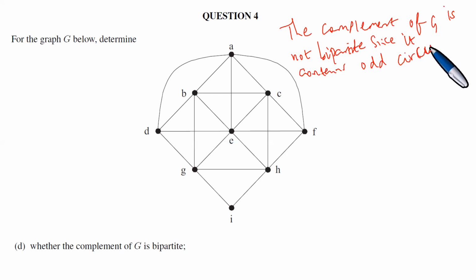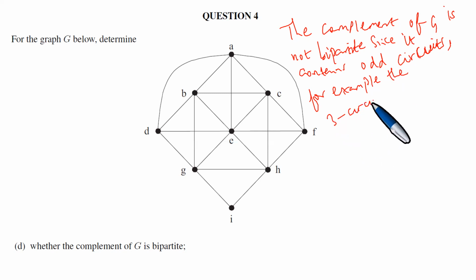We shall look at the odd circuits that are there in the complement of G. Let's look at an example of an odd circuit. For example, the 3 circuits. A 3 circuit starts from a vertex and ends at the same vertex.